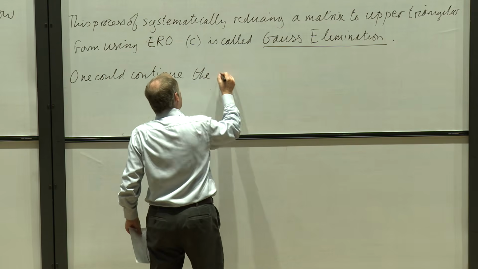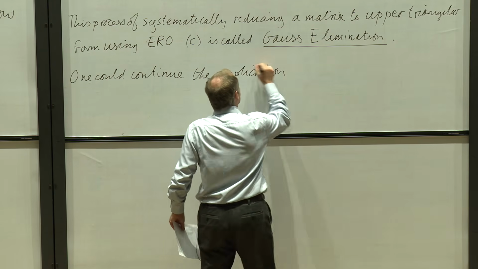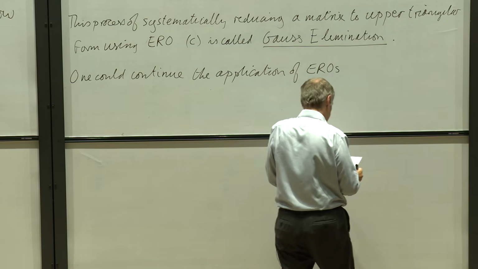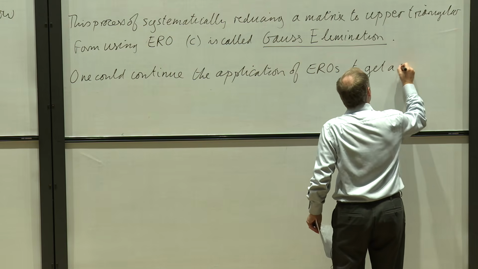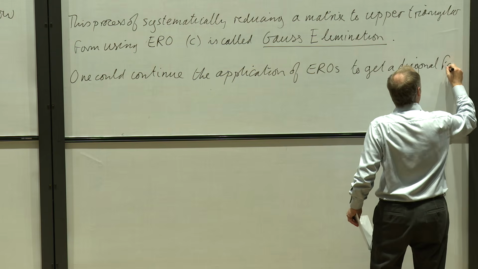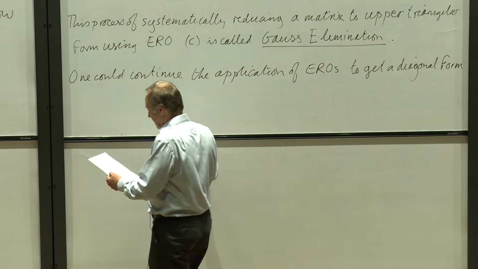The application of EROs, elementary row operations, to get a diagonal form. So what happens there?